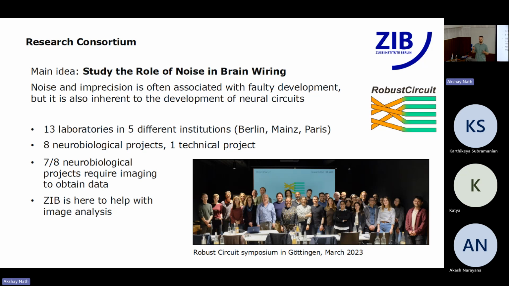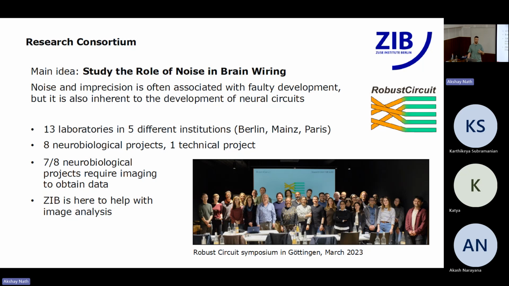But some studies show that noise can actually be beneficial for developing robust, well-functioning neuronal circuits. Within the project, we have 13 different laboratories from 5 different institutions. Most of us are in Berlin, there are some groups in Mainz and 1 in Paris. There are in total 8 neurobiological projects and 1 technical project, of which I'm a part.